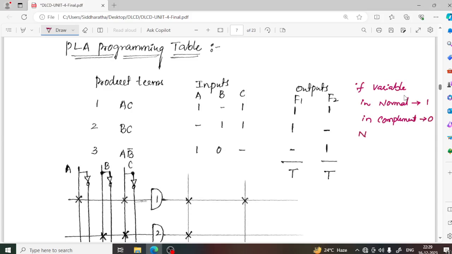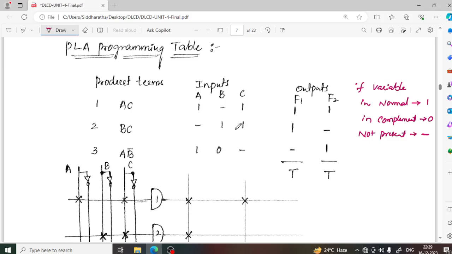If that variable is not present, you have to represent it with a dash, right? So here, in this product only 2 variables are there, A and C. Both are in normal form, so in place of A and C you have to put 1. B is not there, so you have to put a dash.